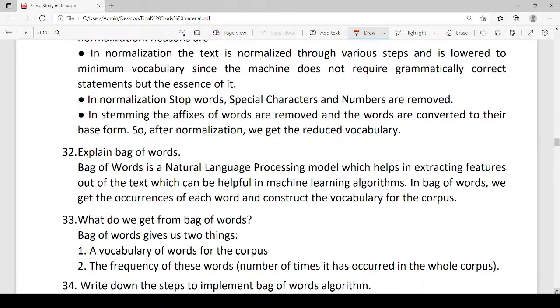Now tell me, what are the 4 steps that you need to write down when we are trying to implement bag of words algorithm? Write down the steps to implement bag of words algorithm. Yes, frequency. Very good. I see correct answers. What are the steps involved in bag of words algorithm?